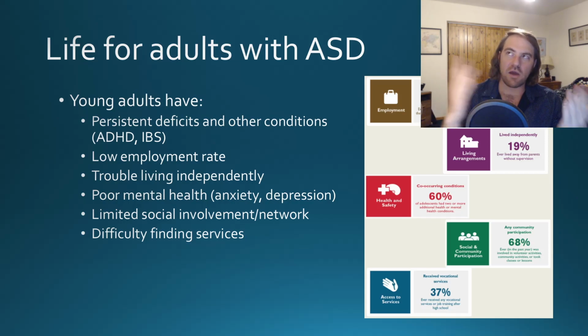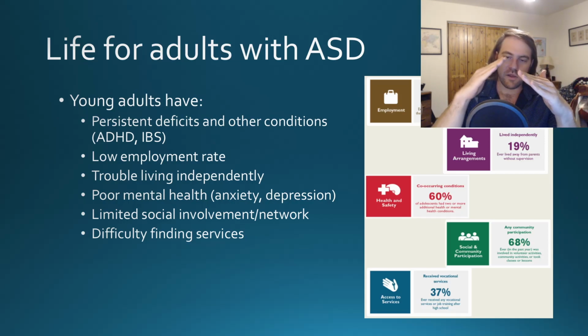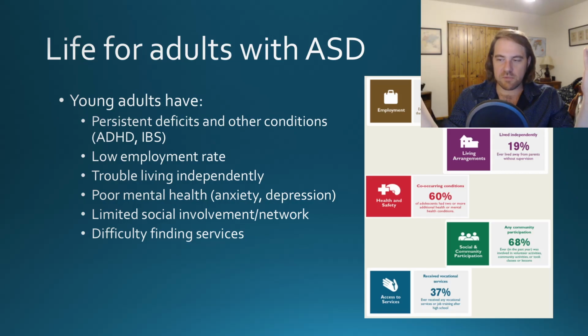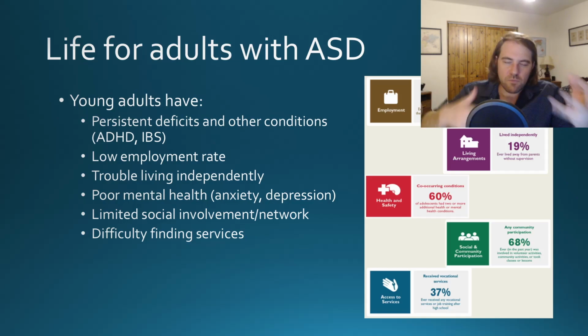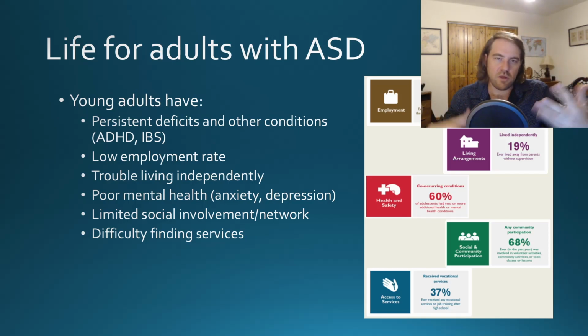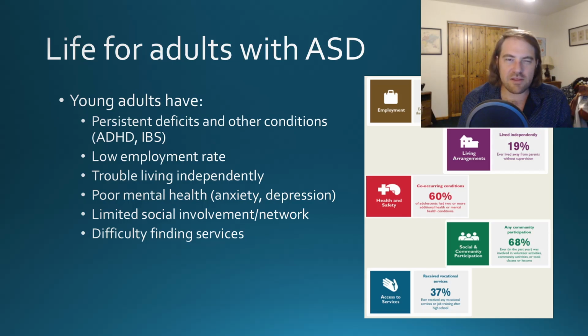Co-occurring sounds like they're not related and they just happen to be there at the same time. But when two conditions co-occur a lot in a whole bunch of people, then we would say that they're comorbid. So it's like they're correlated, they're related somehow, they go together. That's just what comorbid means. It doesn't really have anything to do with morbidity. It just means that they're two things that go together.